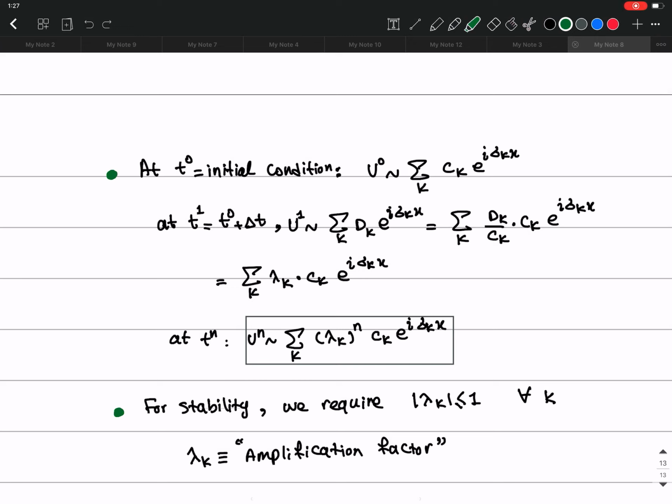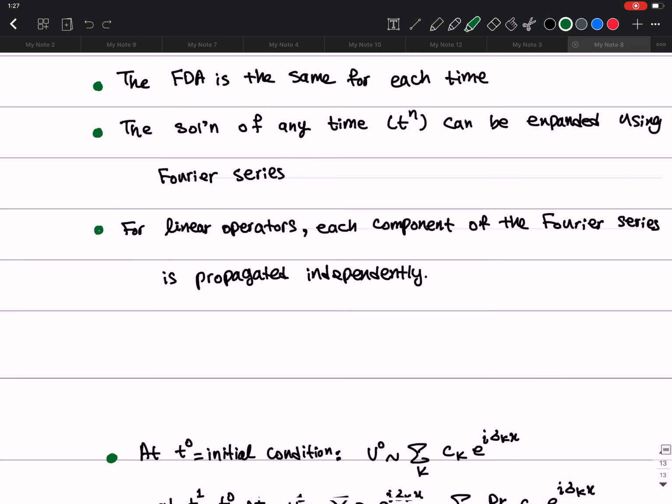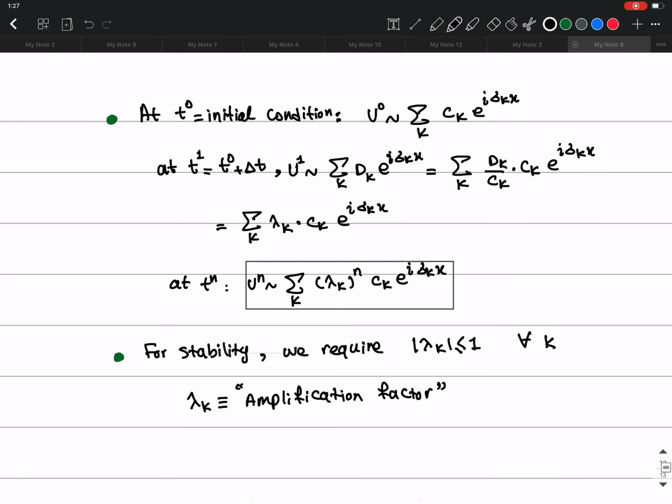From the initial condition, which is ck, it is lambda k to the power n. Then for the stability to hold, we need this lambda k to be smaller than or equal to 1, and this is the stability criterion.